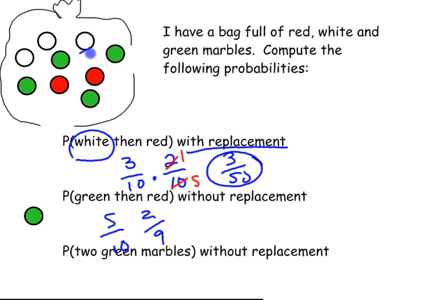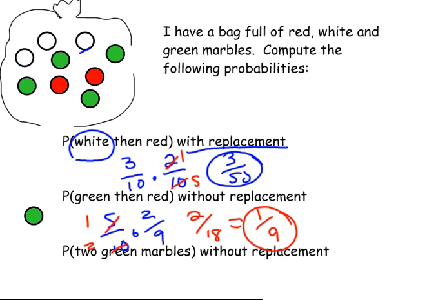Now to find the probability the first happens and then the second happens, we multiply. 5/10 we know simplifies, so we're going to go ahead and simplify that first to 1/2. And then 1/2 times 2/9 is 2/18. Oops, looks like I could have simplified a little further, but we're going to go ahead and simplify that up to 1/9.